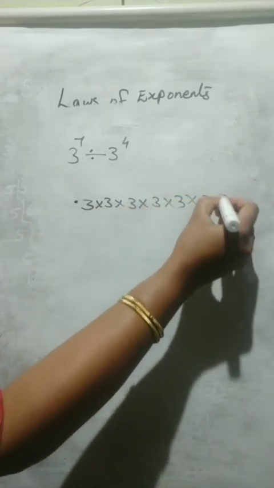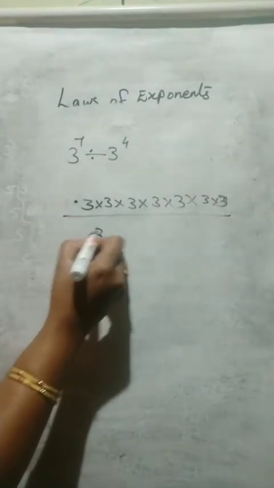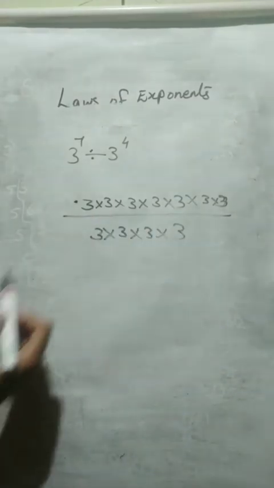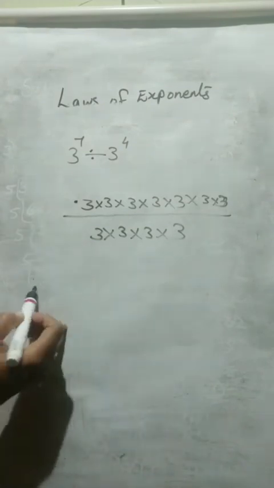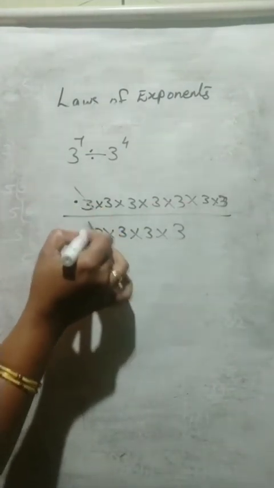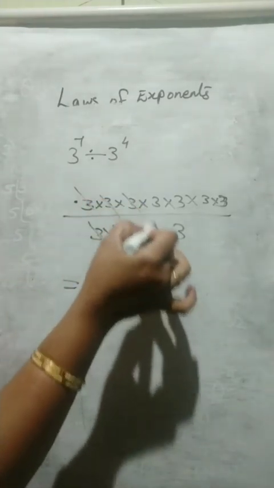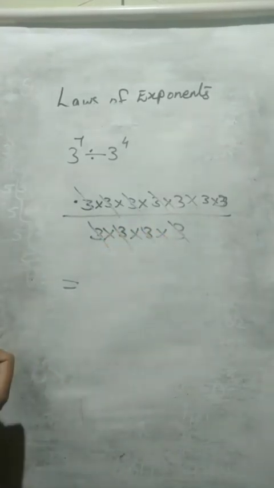Then in the numerator 7 are there. Then in the denominator 1, 2, 3, 4, 3's are there. Then we can solve it. We can cut this 3 and this one, then this one and this one also. 4 3's cut in the numerator and also in the denominator.